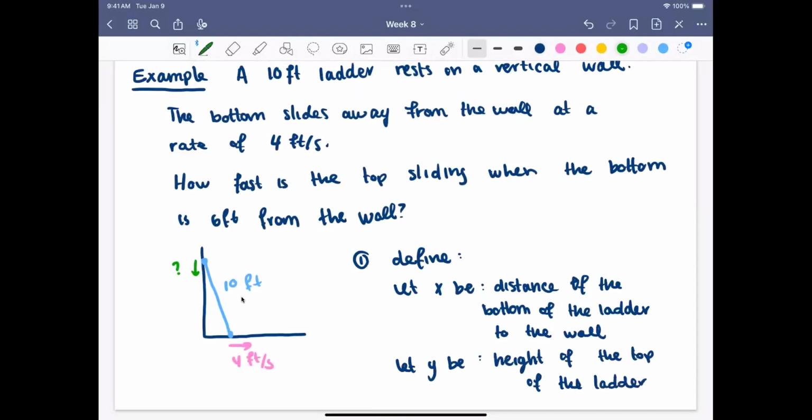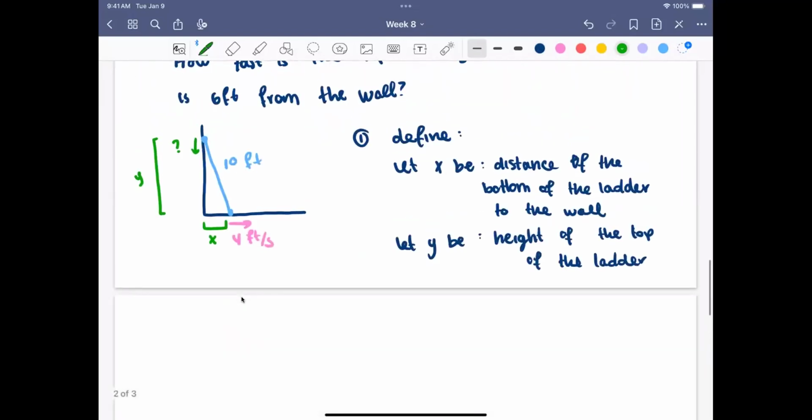So in my picture, this quantity is X and this quantity is Y. Okay, and then we're given dx/dt, and we want to know dy/dt. Okay, does this setup make sense?